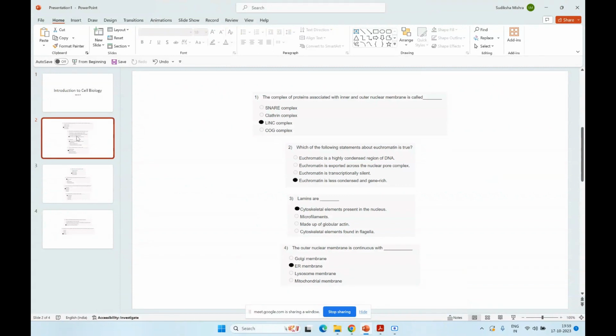Okay, so the first question is about the complex of proteins associated with the inner and outer nuclear membrane. If you remember, there is the LINC complex, which links the cytoskeleton to the nucleoskeleton, and is associated with the inner and outer membrane.